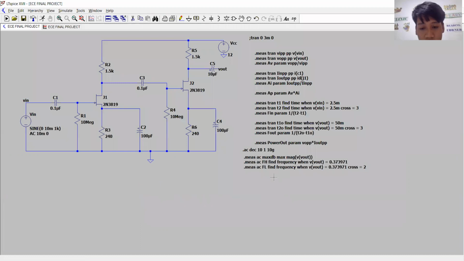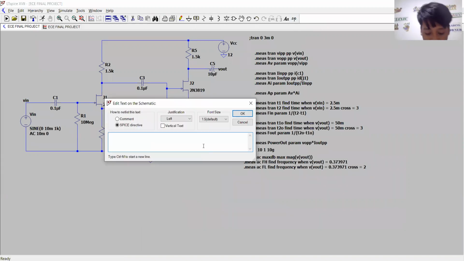Together, we can solve for the last missing value, which is the bandwidth. To get the bandwidth, I will type this certain command. This is optional because there are a lot of commands and I am comfortable with this one, so I will go with it.